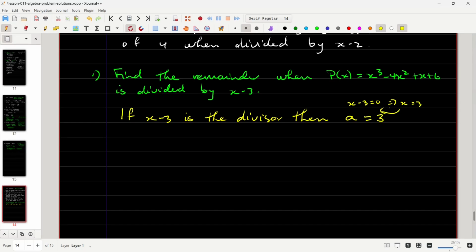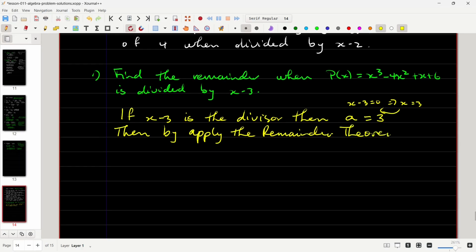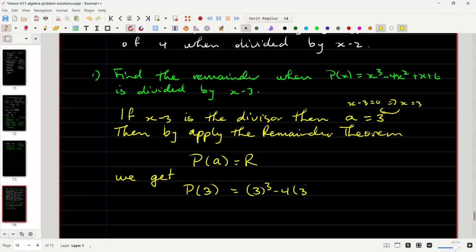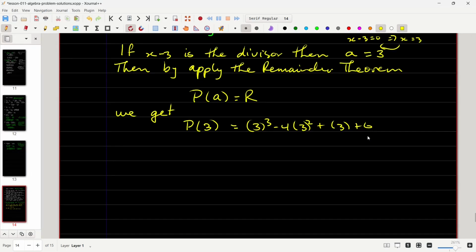And we're saying a in this case because our rule is, by applying the remainder theorem, P of a equals r. So P of 3 would be equal to, what is it? 3 to the third power minus 4 into 3 to the second power plus 3 plus 6. And I will try to do this mentally.